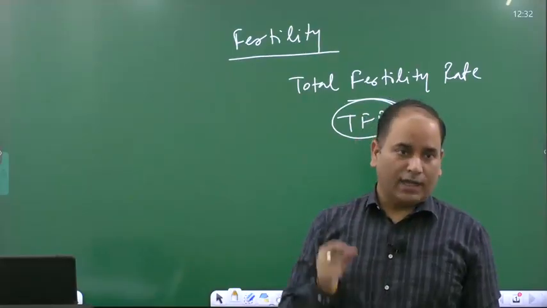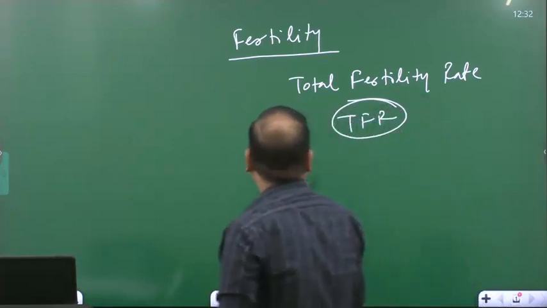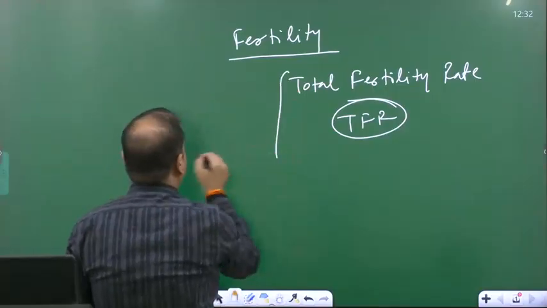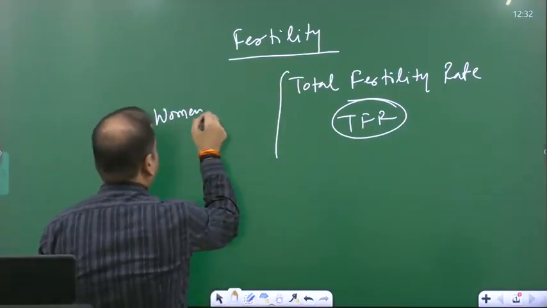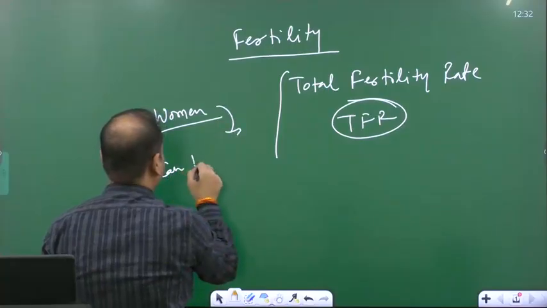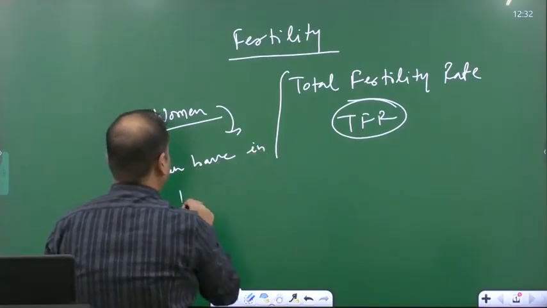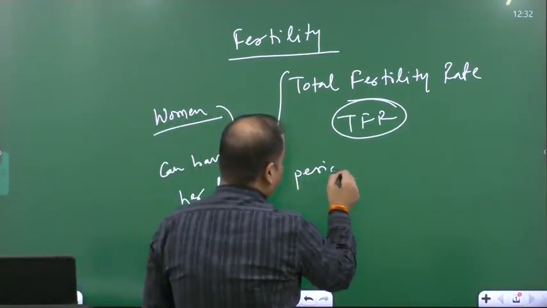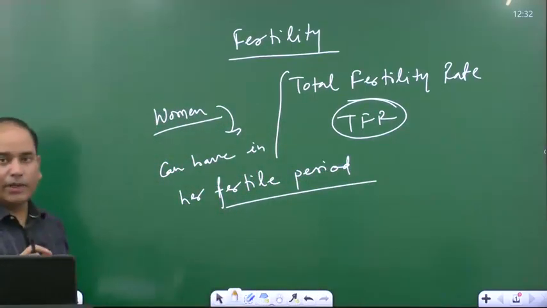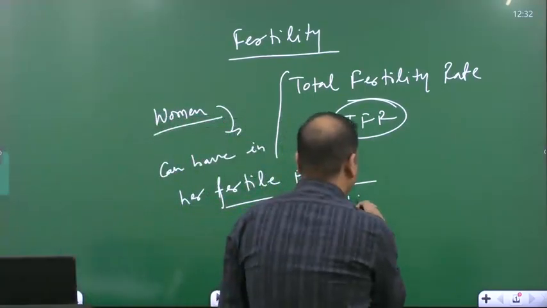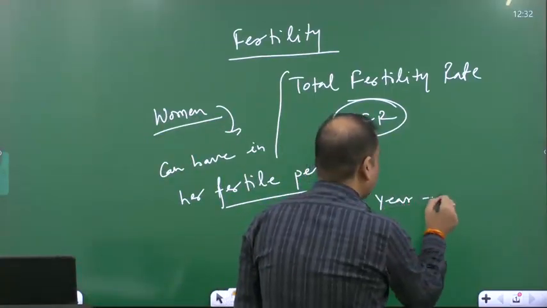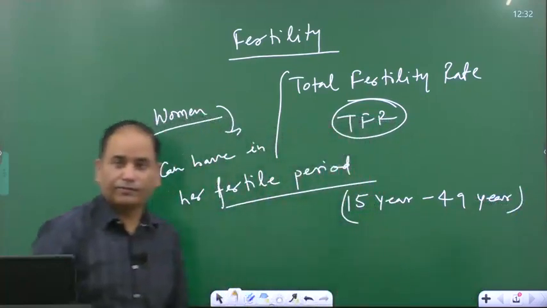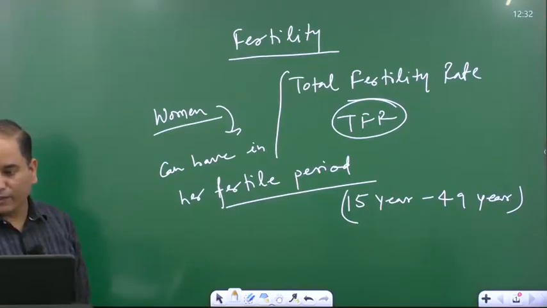Try to understand. As far as TFR is concerned, it is simply associated with how many children any woman can have in her fertile period. This fertile period is between 15 years to 49 years.